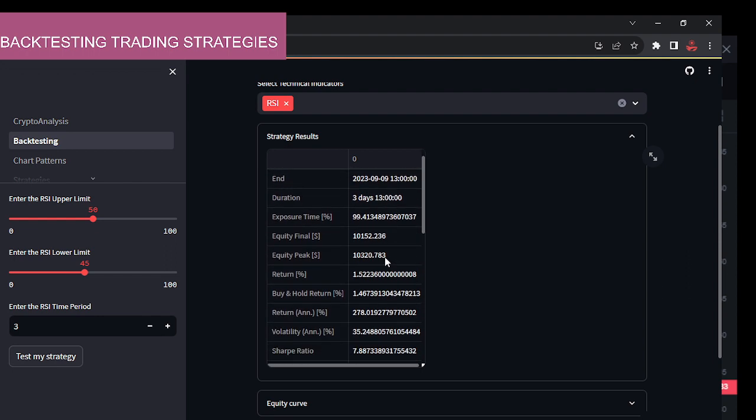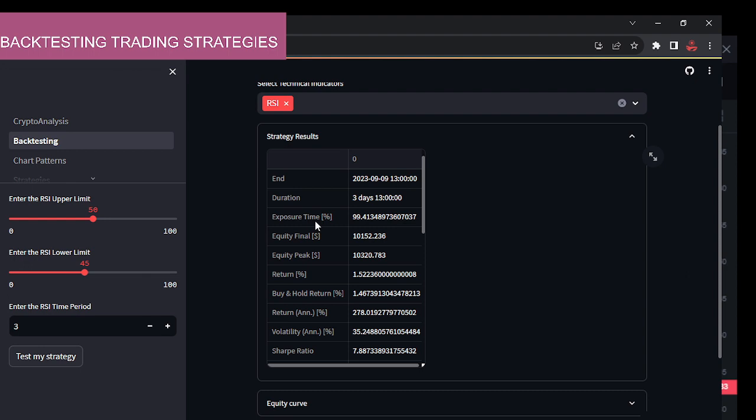Another thing that I'm also interested in is the exposure time. The exposure time says that for every 100 trades in my case, I'll be exposing my capital 99 times out of the 100 trades that I make, which essentially means that for those 99 trades, I'm putting my capital in for this particular trading strategy.